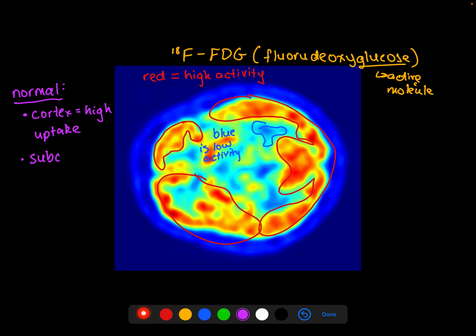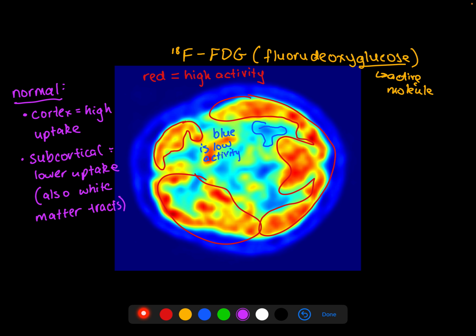So subcortical has lower uptake. And also white matter tracts. White matter is just the areas that are myelinated or covered with a sheath. Those are also indicated with lower uptake on PET scans.